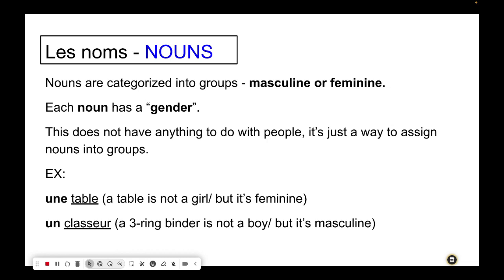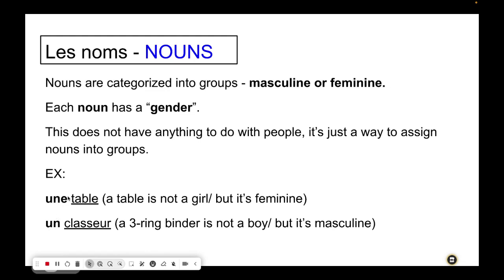And I am going to show you an example. Remember that we learned some words at the beginning of the year, last trimester and this trimester, and at the beginning of some words you might notice that we have une or we have un.